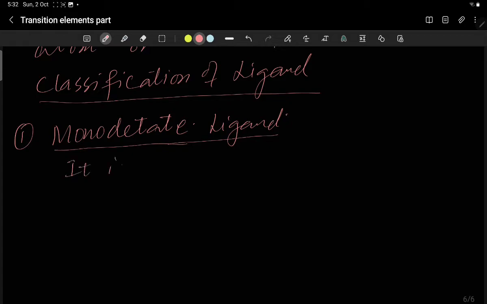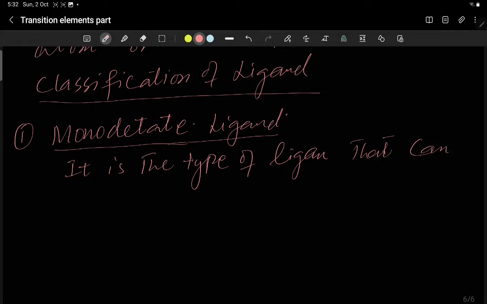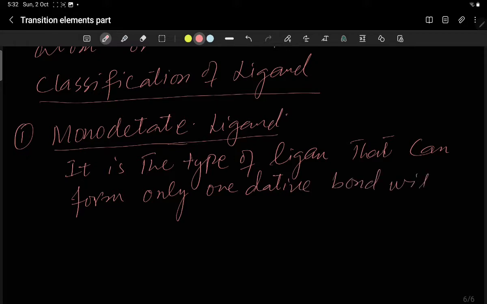It is the type of ligand that can form only one dative bond with the central atom or ion.